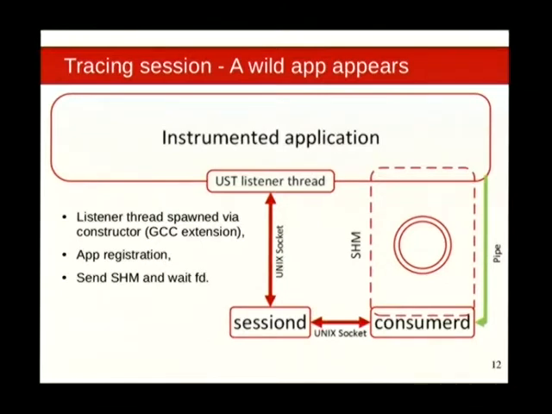This is done with shared memory. We are using user space RCU heavily. Has anyone heard about RCU here? Show of hands. Yeah, right. RCU is a very complicated thing, but here it's user space RCU. RCU means read-copy-update. It's a synchronization mechanism to have very efficient, high-performance, lockless data structures.